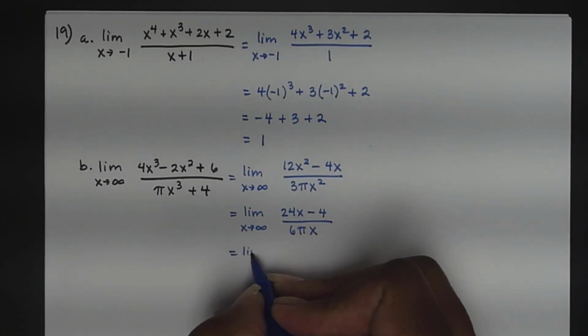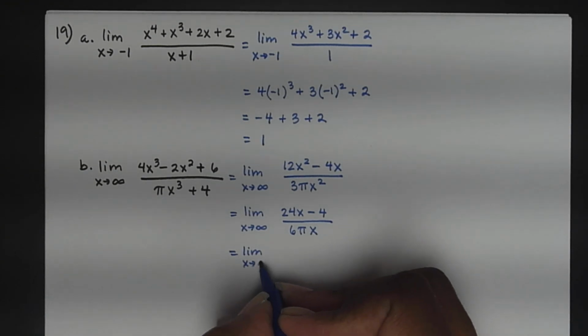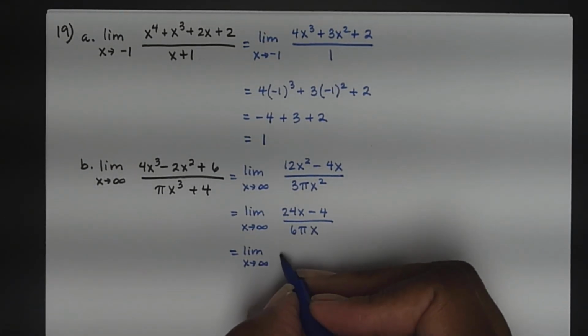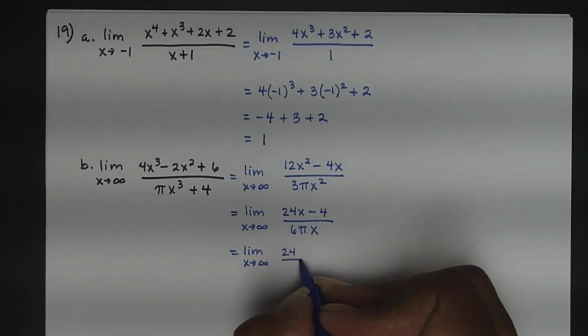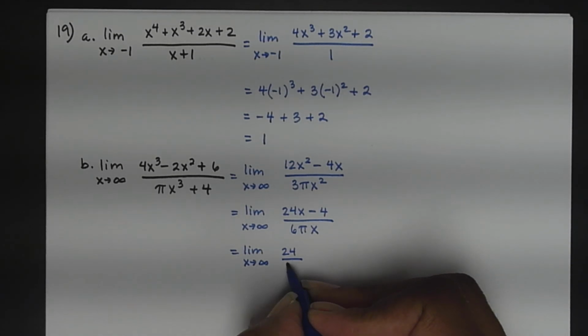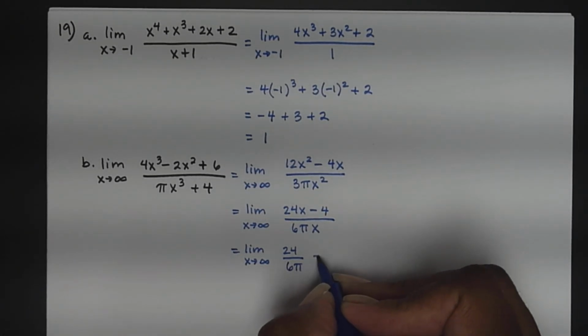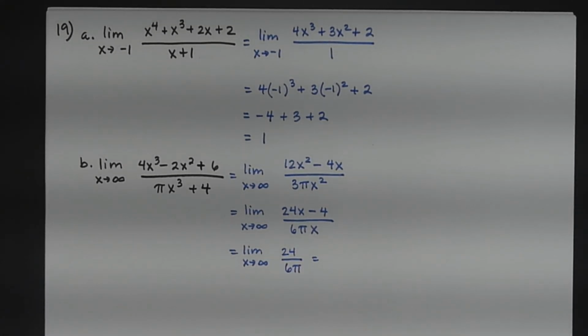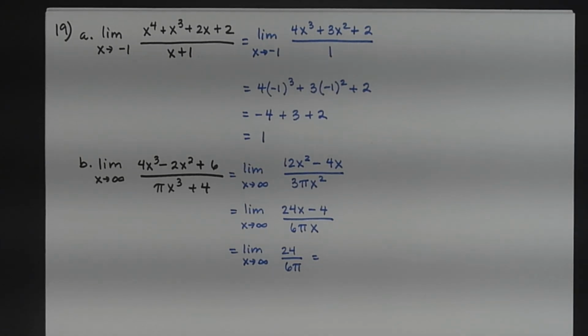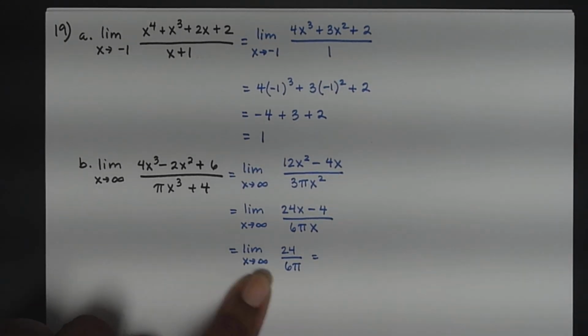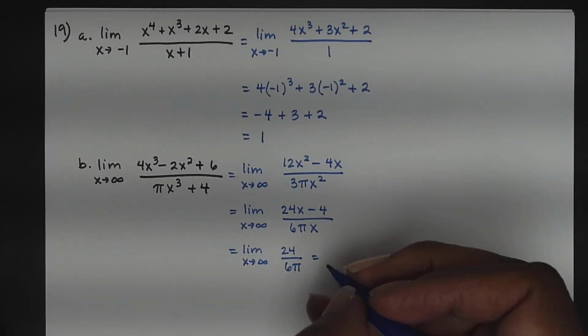So now you've got the limit as x approaches infinity. The derivative of 24x is 24, divided by the derivative of 6 pi x, which is just 6 pi. Keep in mind pi is a constant. So I got 24 over 6 pi. Keep in mind the limit of a constant is that constant itself.